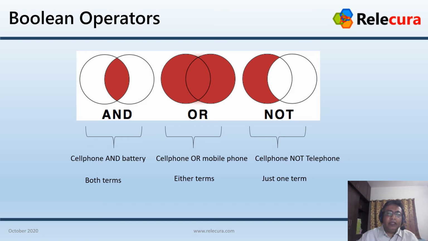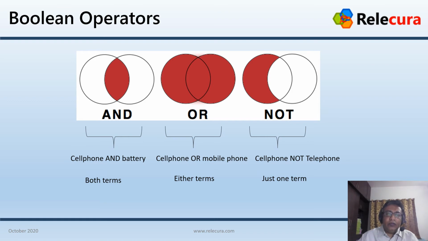It doesn't matter whether the keywords are available in the description, title or claims. So if cell phone is there in the title and battery in the description, it will bring that patent.